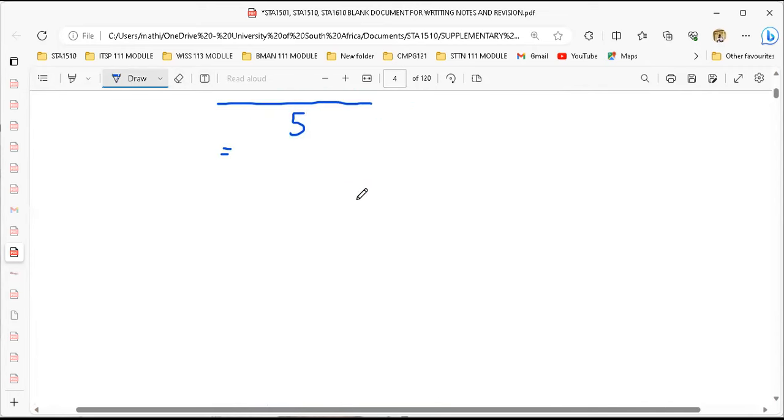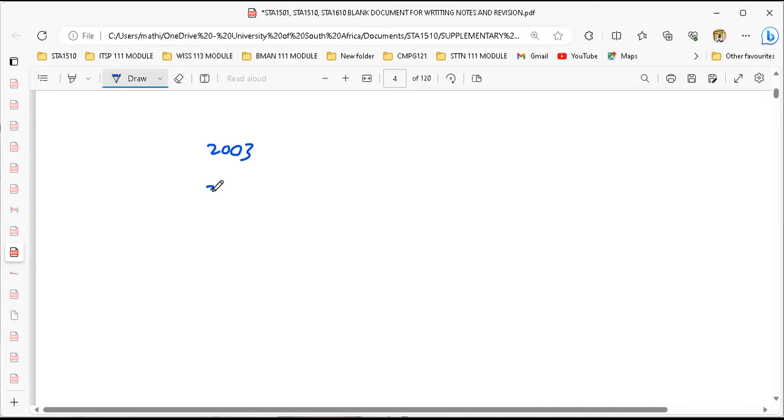Again, let me show you something very important. It's about dealing with an even number of periods. Let's say, for example, this is 2003, and then this is 2004, then 2005, then 2006, and then 2007.